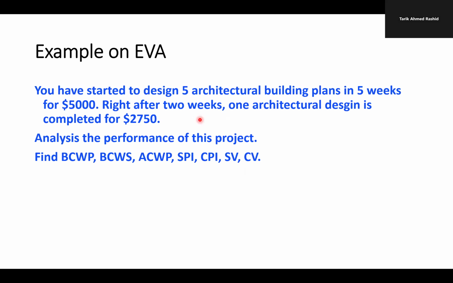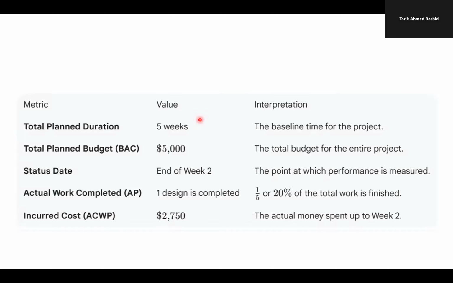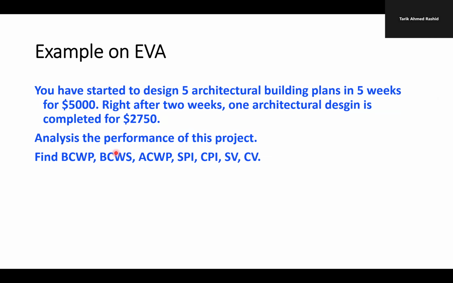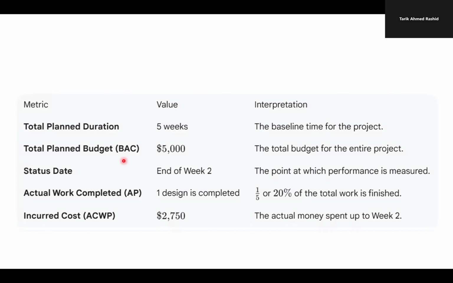So now I'm trying to analyze the project. For example, the total plan duration was 5 weeks, and the total budget is 5,000. That's the total budget for 5 tasks and for 5 weeks. That's understandable. And we try to find all these EVA, earned value analysis, values at week two.